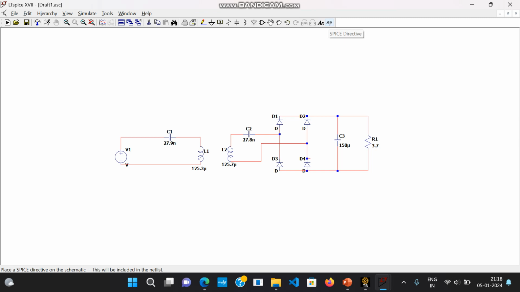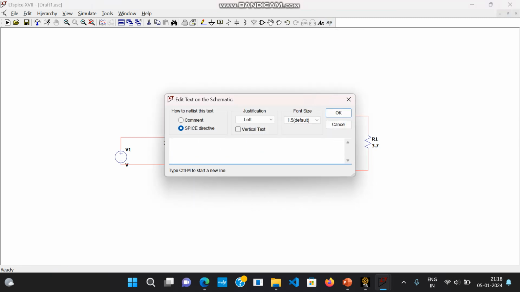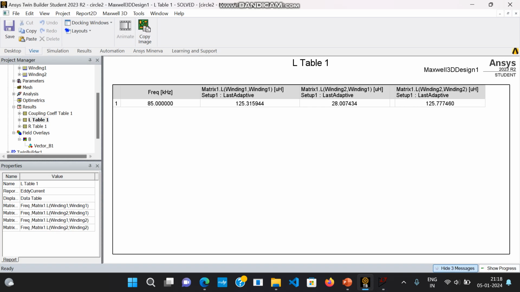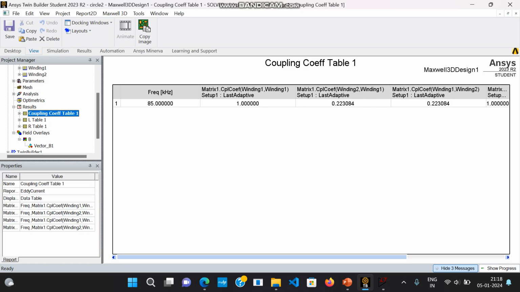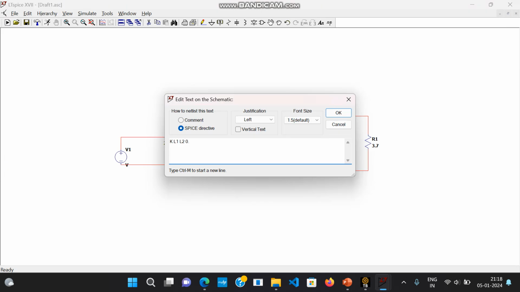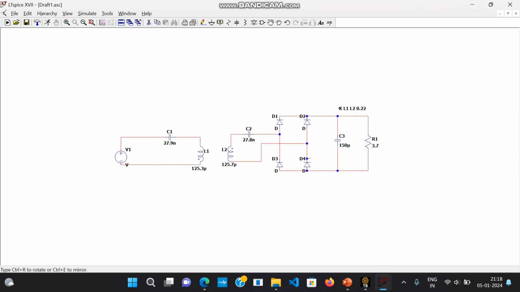Click on the SPICE directive and type capital K space L1 space L2 space, and the coupling coefficient we got in the answers, 0.22. Place it here. This indicates that the two coils, inductors L1 and L2, are coupled with coupling coefficient K of 0.22.